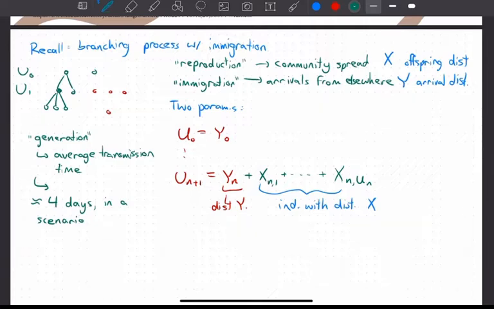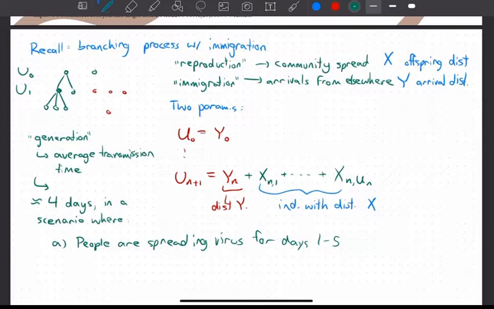But where's this 4 days coming from? What I'm imagining here is that 5 or 6 days seems to be the time from infection until you start to show symptoms. So if you imagine that people are spreading the virus for days 1 through 5, and then are becoming symptomatic on average, and therefore are self-isolating on day 6.